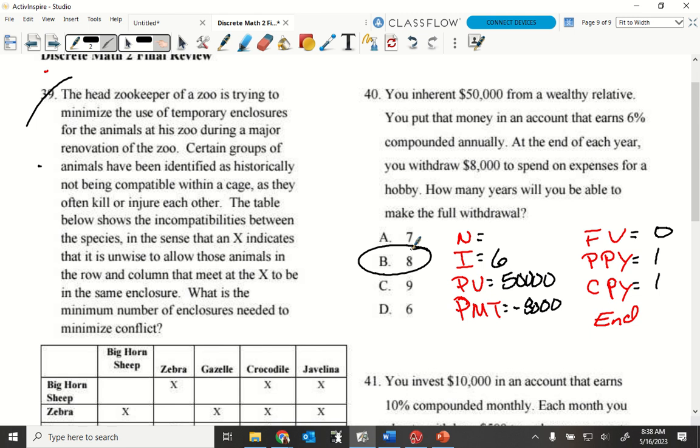Because the money's going up as I'm pulling it out, I'm pulling out more than $50,000. Your money is making money for you as you're pulling it out. That's the reason why we can't just divide by 8,000 to come up with the number. Does that make sense? Okay.